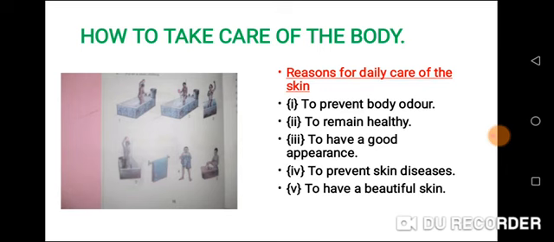Because if you don't scrub your body properly with sponge, bathing soap, and clean water. But as you can see the picture on the screen, you can see the boy having his bath. Scrub your armpit.